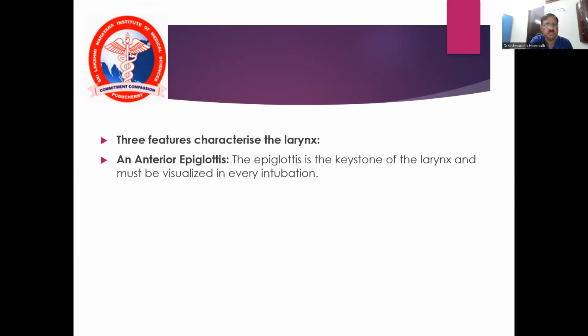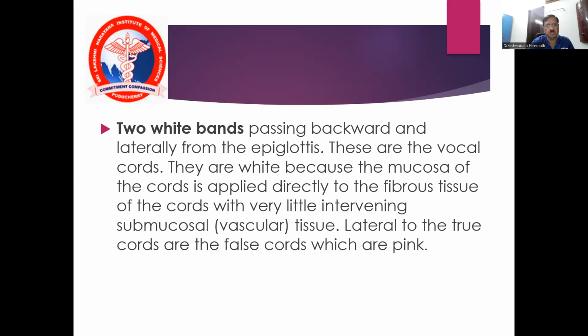Difficulty will be because of the typical characteristic features of the larynx. An anterior epiglottis: the epiglottis is the keystone of the larynx and must be visualized in every intubation. Two white bands passing backwards and laterally from the epiglottis.